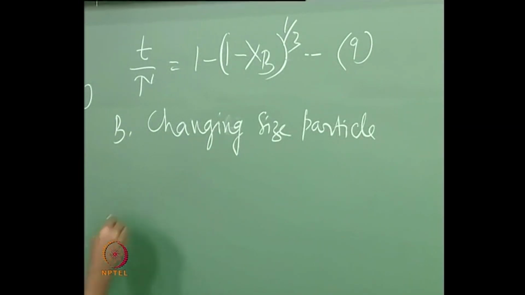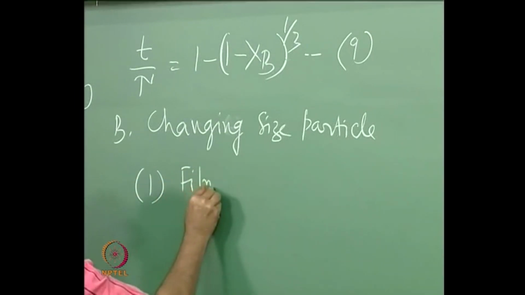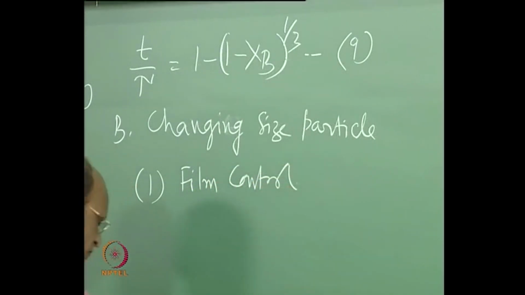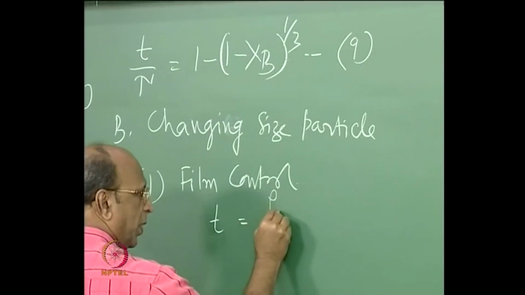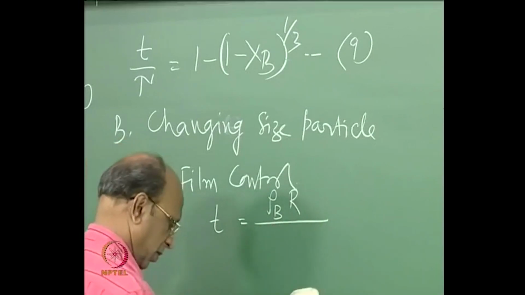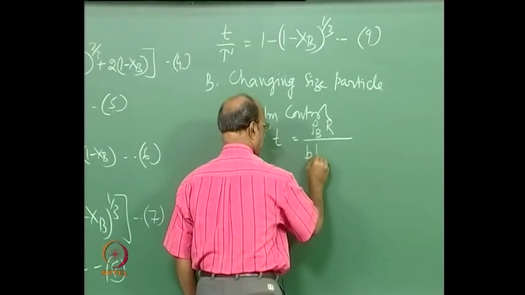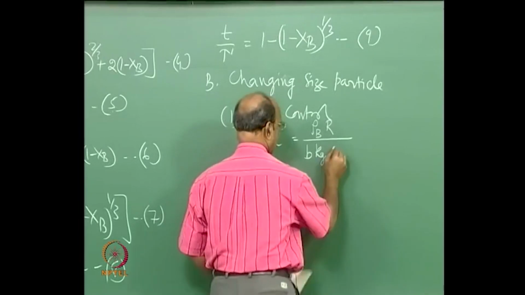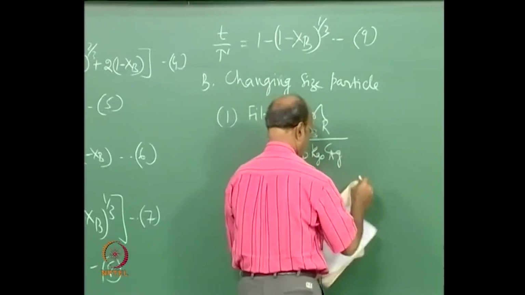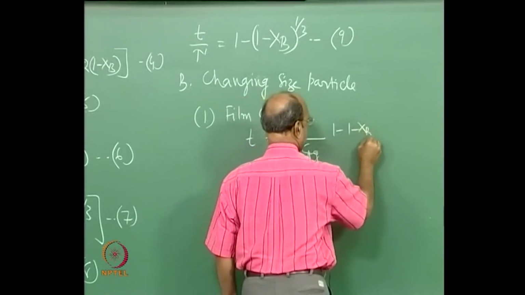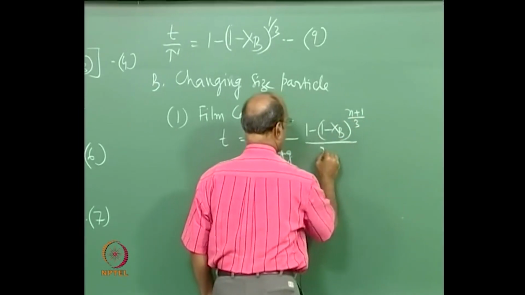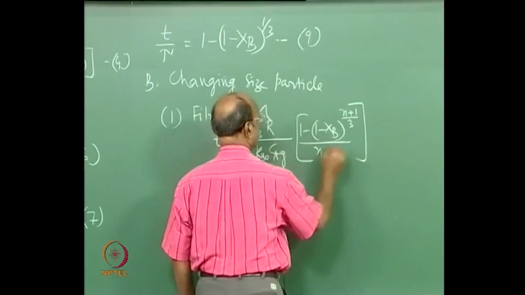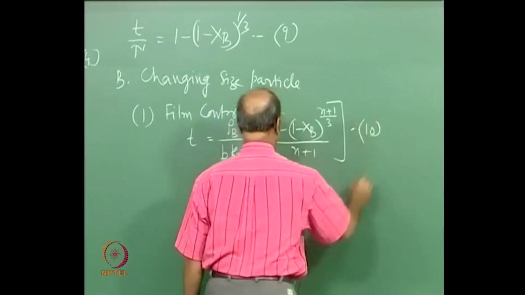And here we have for film control, T equals rho b r by b kg naught cag, into 1 minus xb to the power of n plus 1 by 3, divided by n plus 1. This is equation number 10.